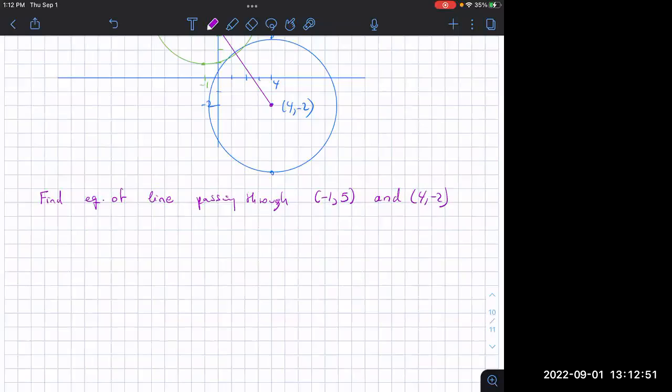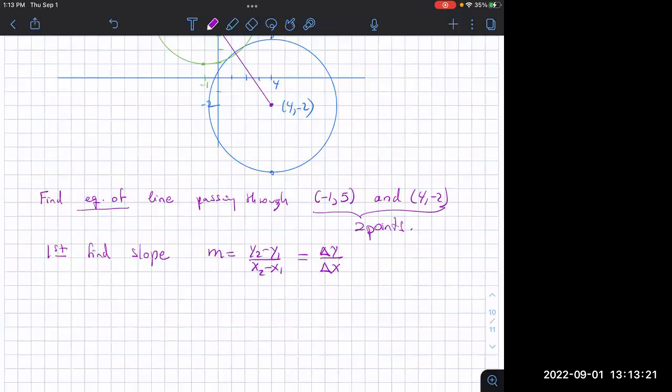So we want to find the equation of a line given 2 points. So in that situation, the first step is to find the slope. So m equals y2 minus y1 over x2 minus x1, change in y over change in x.